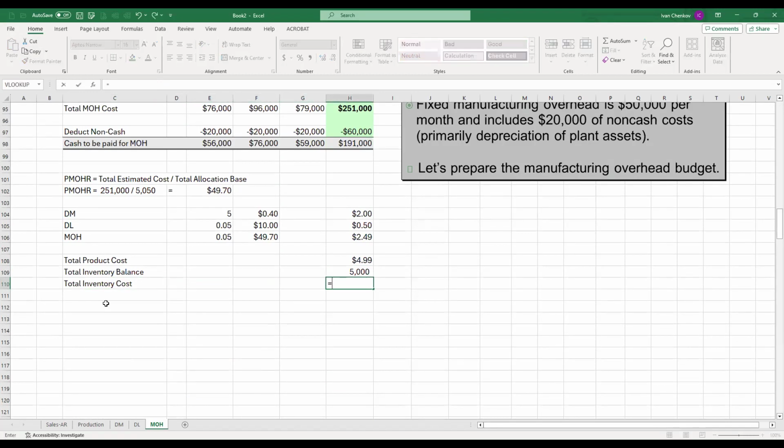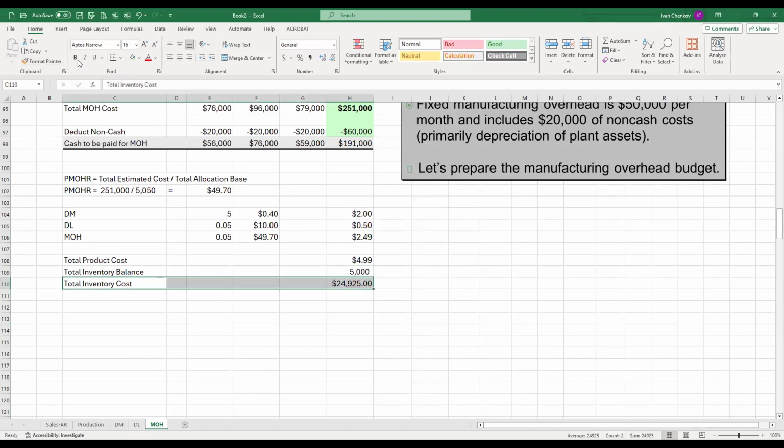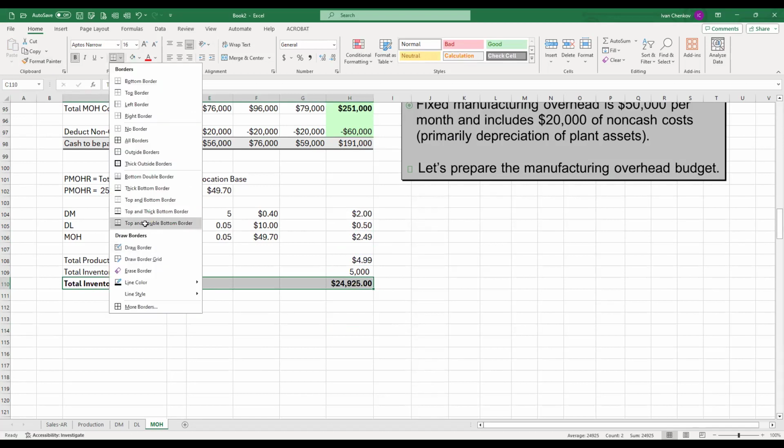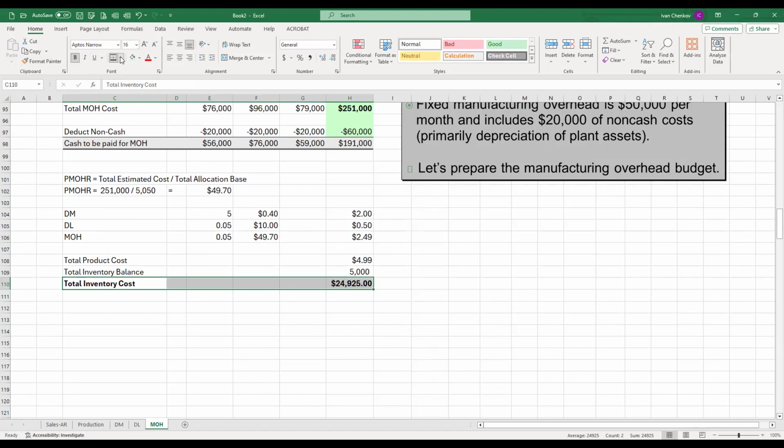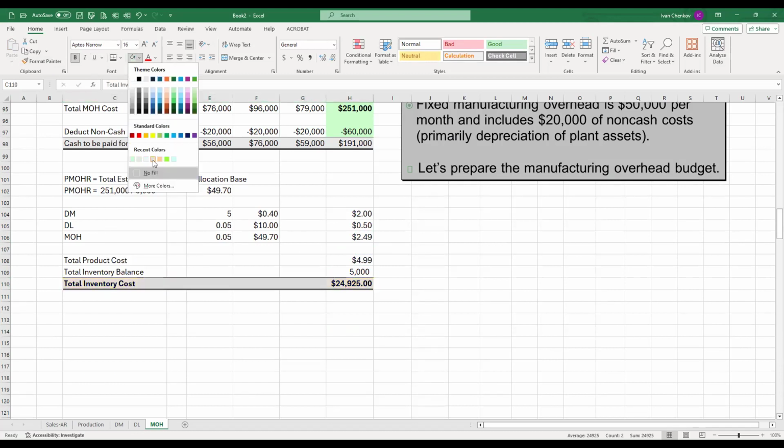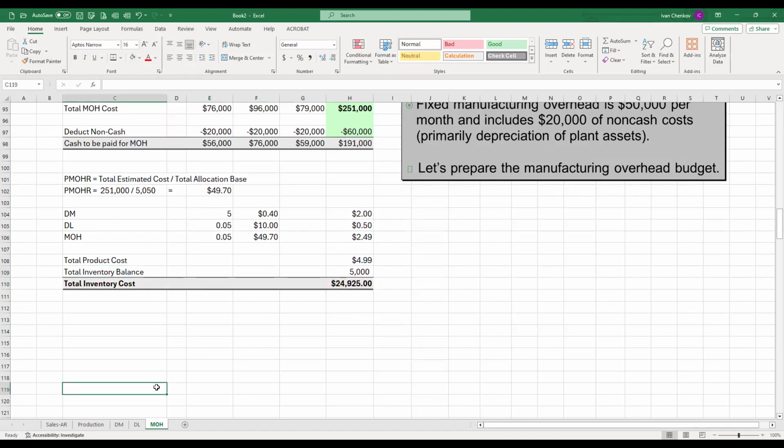And that will be $4.99 times 5,000. And that's my balance at the end of the quarter. And we're done with this. I'm going to highlight it because we're going to need that number later when we're preparing the next budgets. Okay, we're done with this.